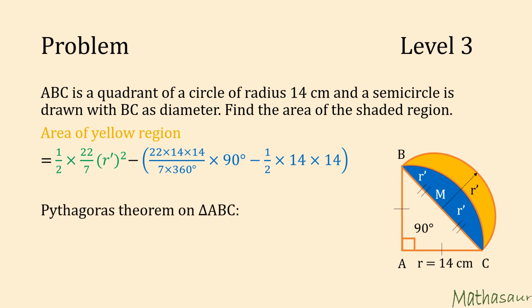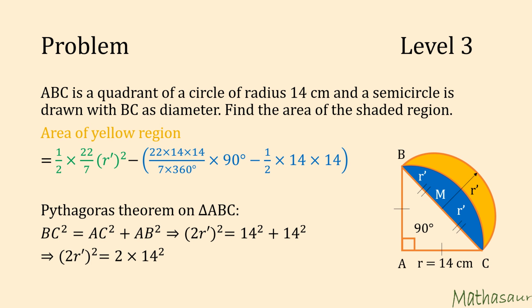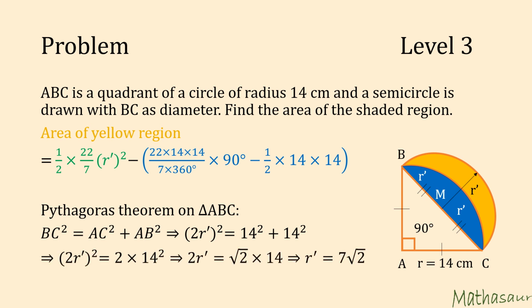Now we can apply Pythagoras theorem on triangle ABC since it is a right angle triangle. So BC square would be equal to AC square plus AB square. Let us substitute the values and solve for r dash. It is 7 times square root of 2 centimeters.